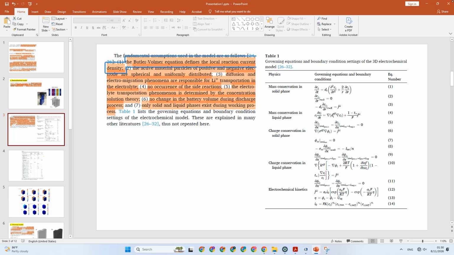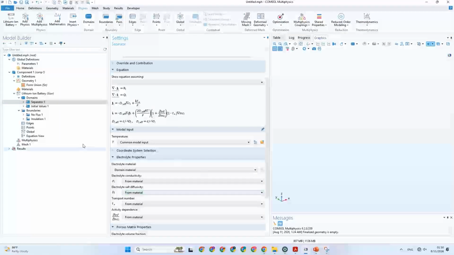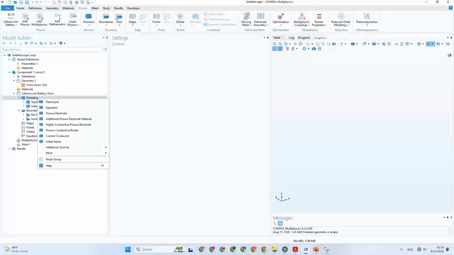Let me check the solid phase. You can add electrolyte, separator, or porous electrode.